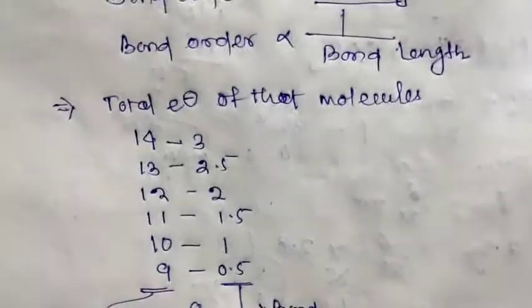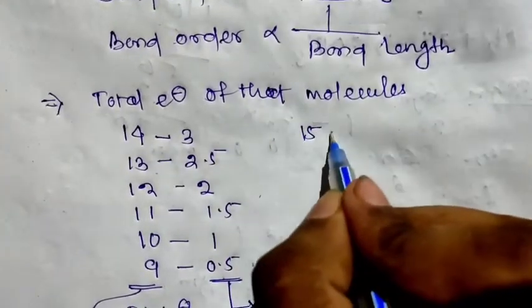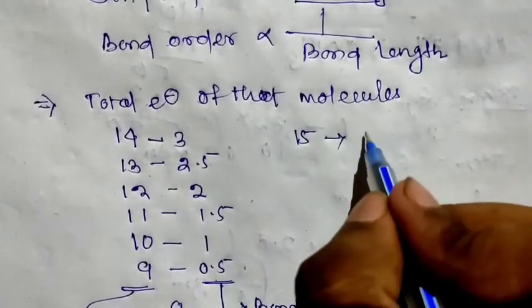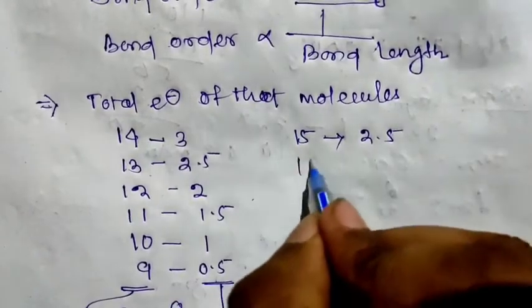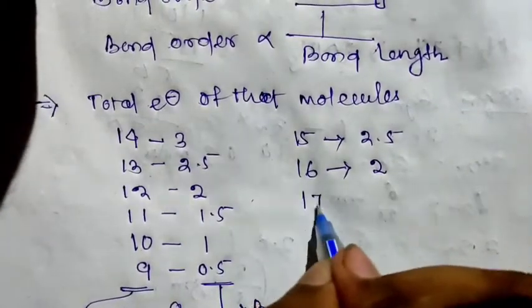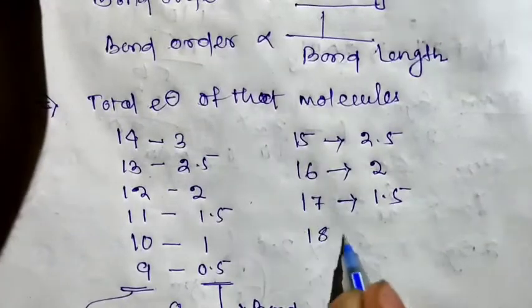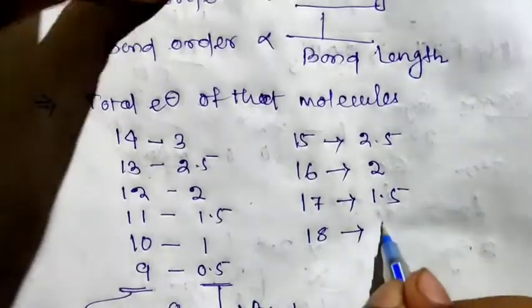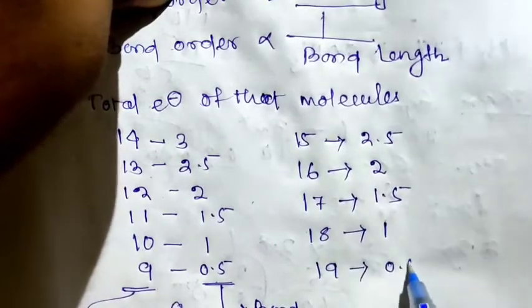Similarly, if the total electron is 15, then bond order is 2.5. 16, then it has bond order 2. 17, then bond order 1.5. 18, then bond order 1. 19, then bond order 0.5.